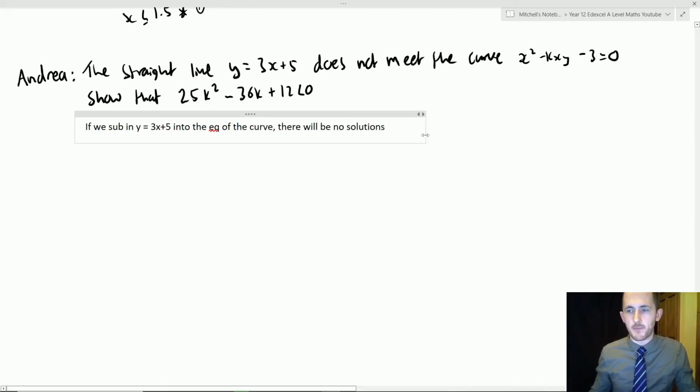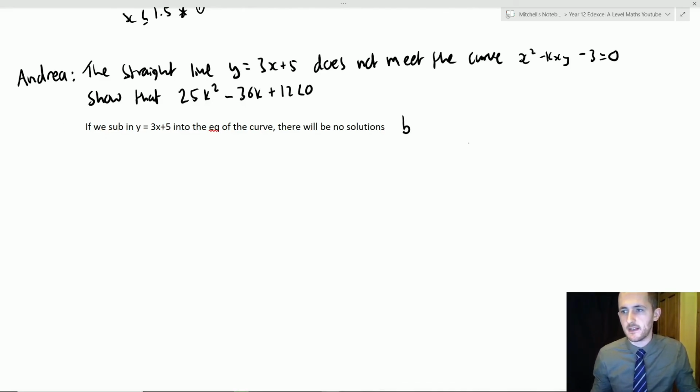And if you remember, that means b squared minus 4ac is less than 0. So you have to use the discriminant.